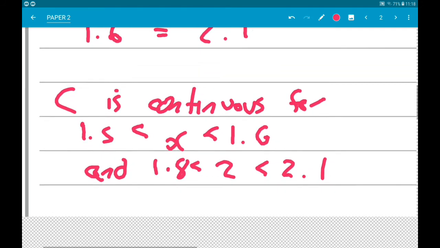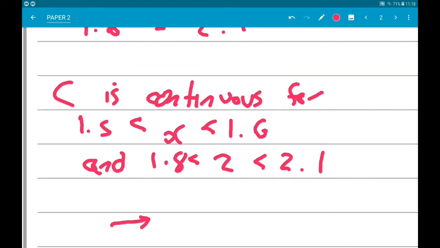Therefore, alpha is indeed between 1.5 and 1.6.